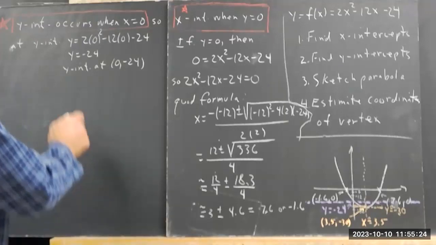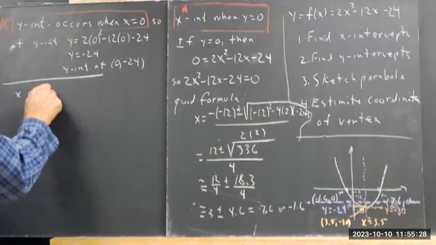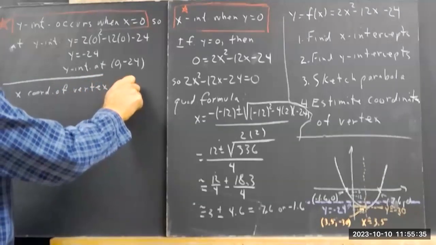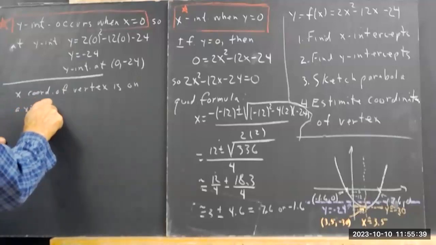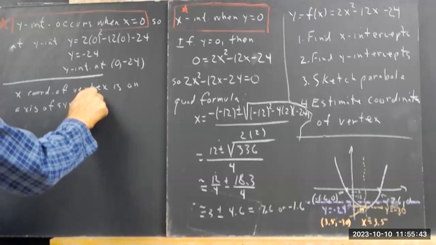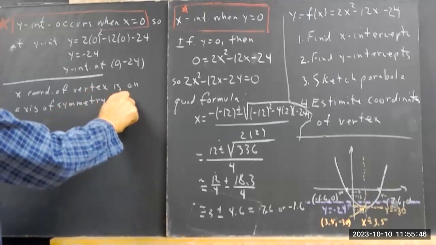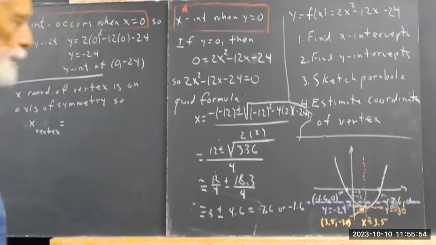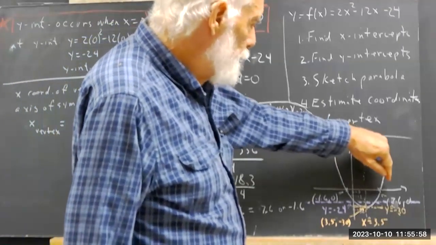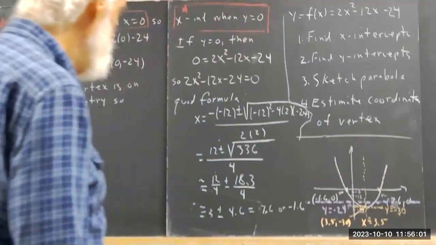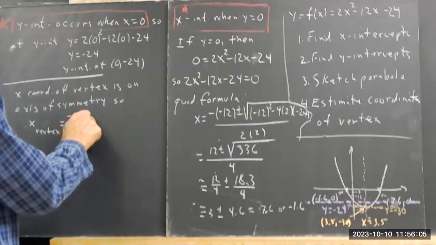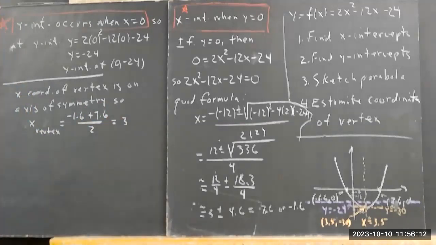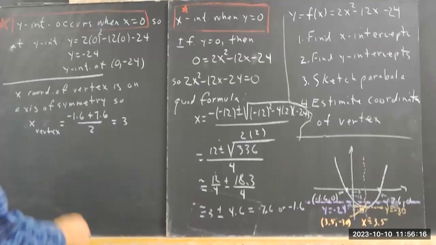So as we did last time, we can do the -1.6 and add to the 7.6. And it's 3. Okay.